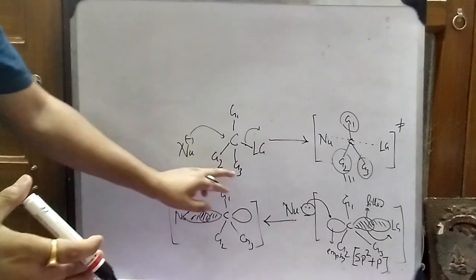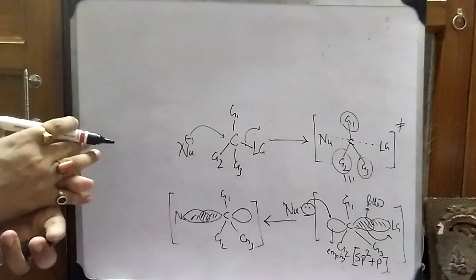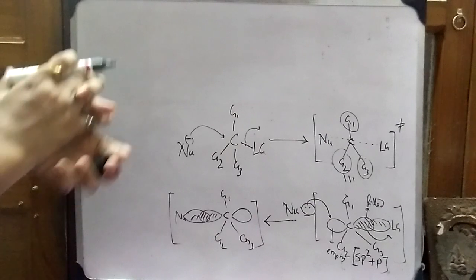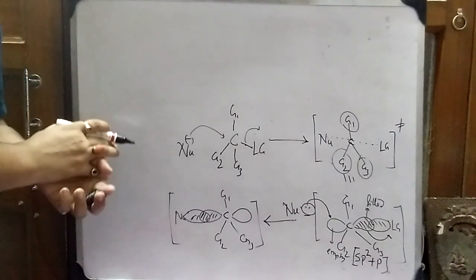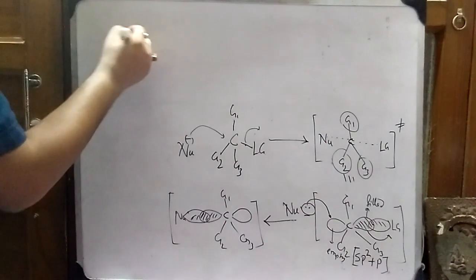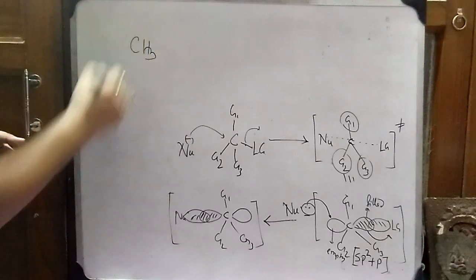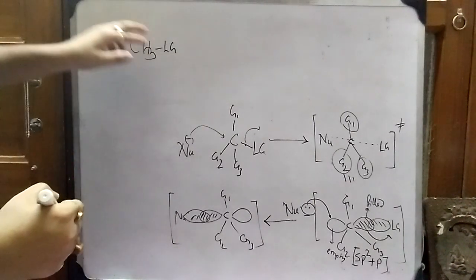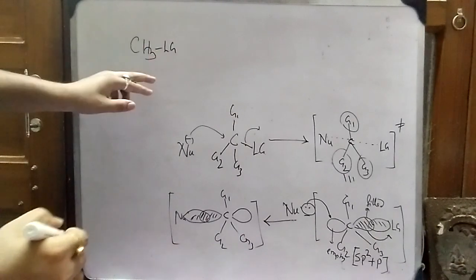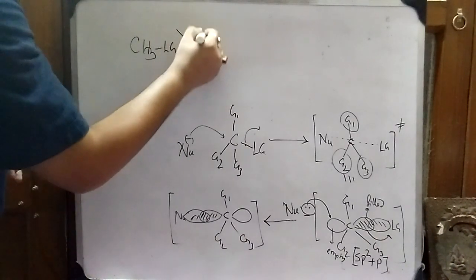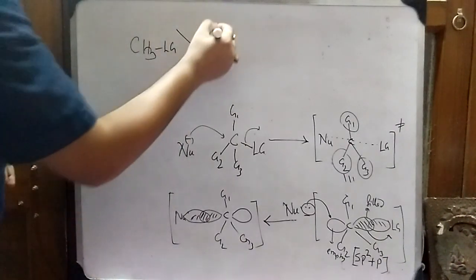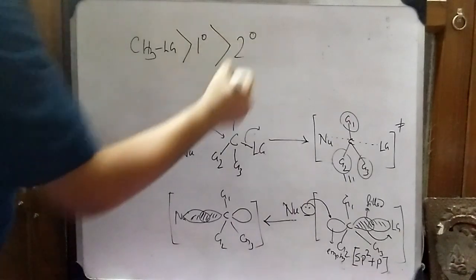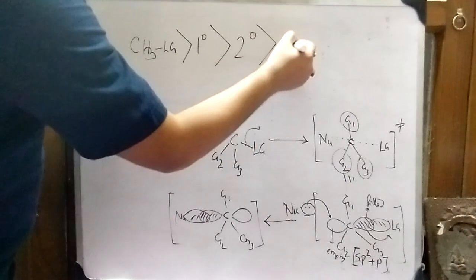So these groups must be of smaller size. If we consider this for the alkyl halide reaction, the methyl group with the leaving group has the least steric hindrance compared to 1 degree, then 2 degree, and then 3 degree.